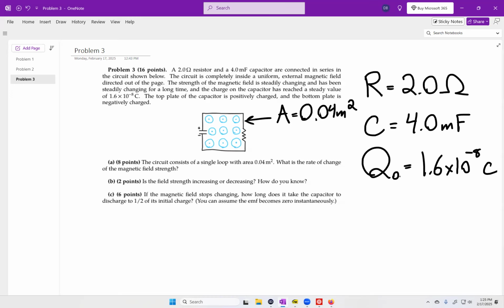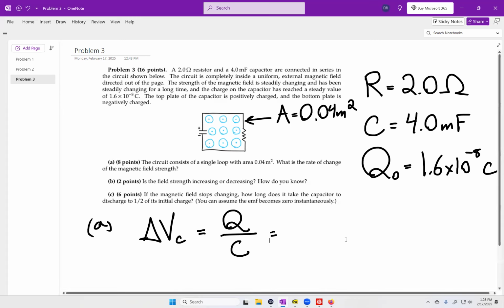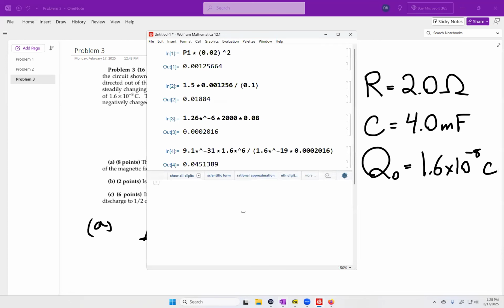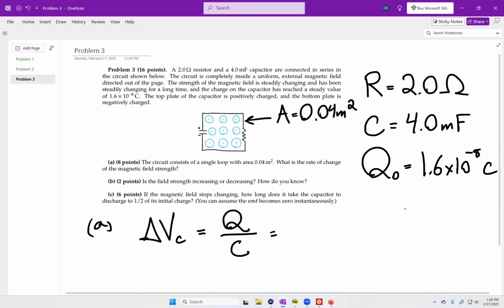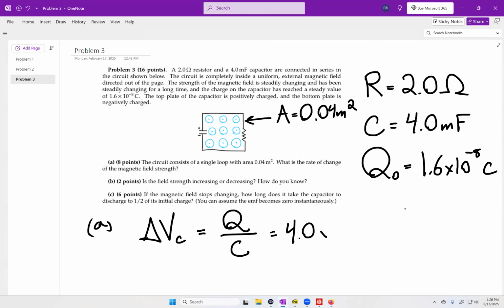So our delta VC is Q over C. We can calculate what that voltage is. Okay, so I get 4 times 10 to the minus 6 volts.